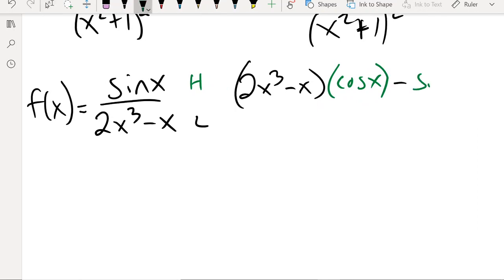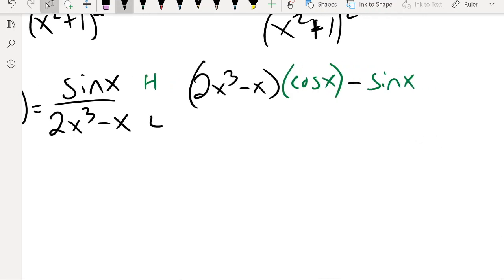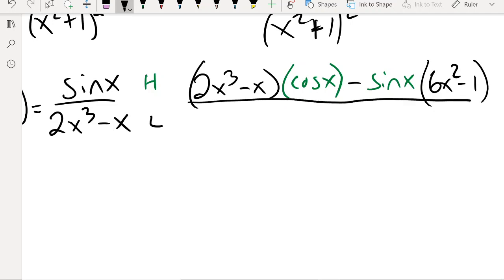All right, so high d low, so derivative of 2x cubed is going to be 6x squared, and then derivative of x is just 1, so minus 1. So low d high minus high d low over low squared, or low, 2x cubed minus x, low squared.